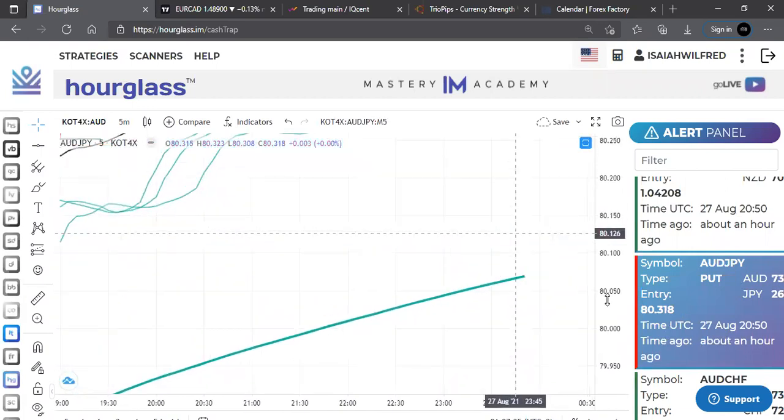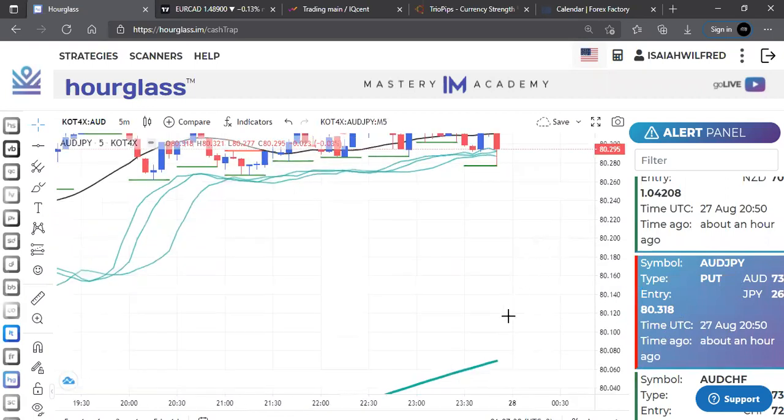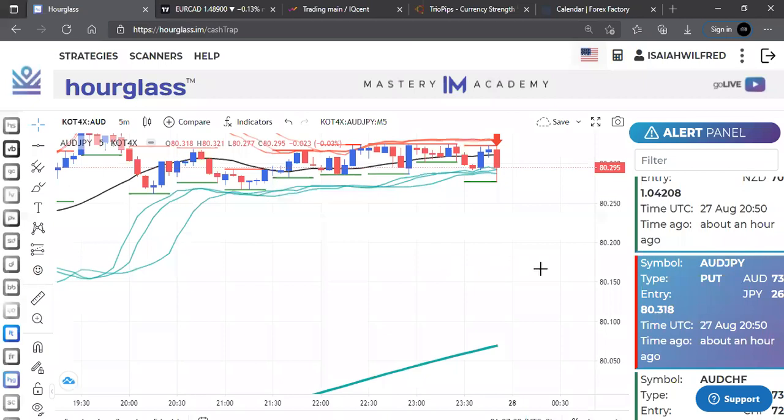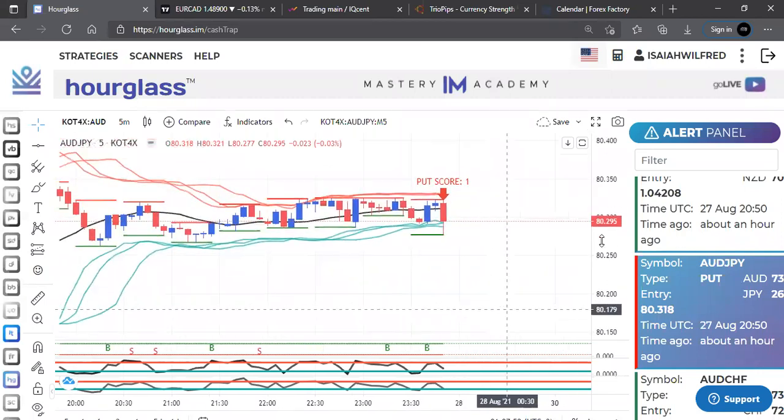So let's actually look at this market as if it were real, right? Let's count the points. We are not assuming. Let's actually count the points together for this market.